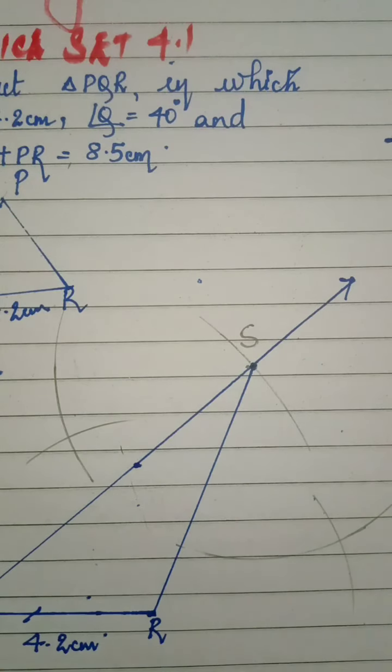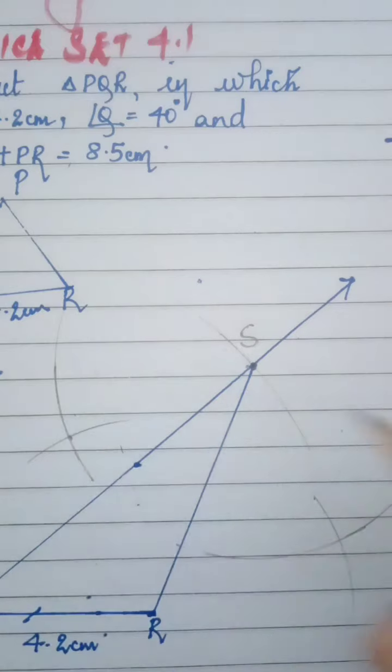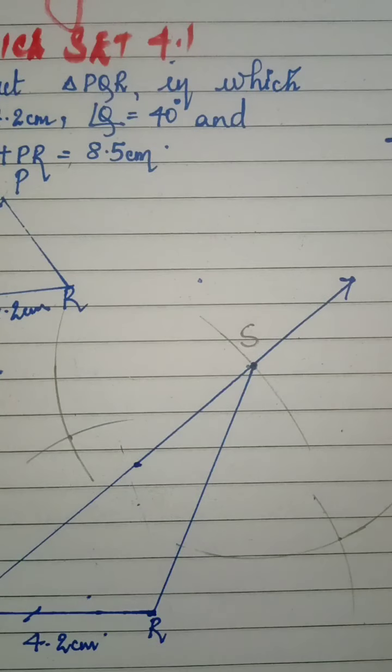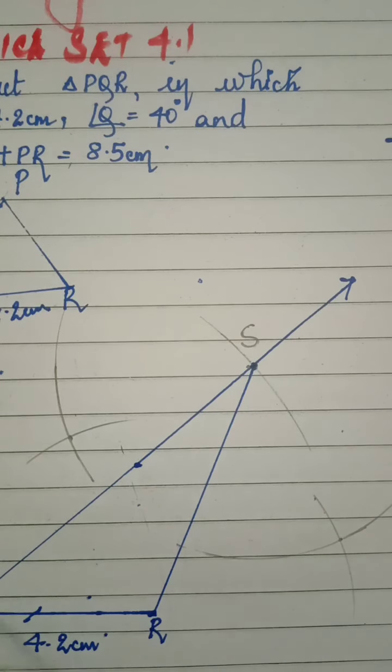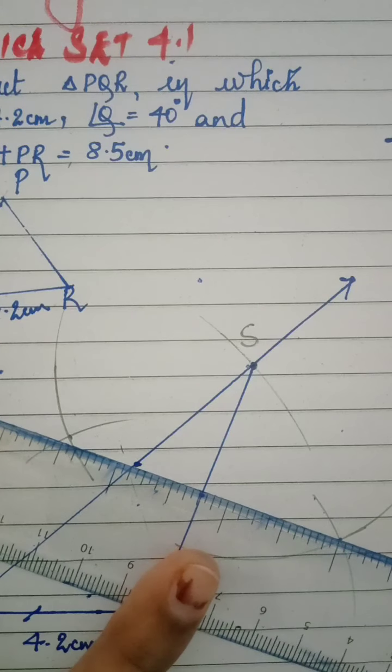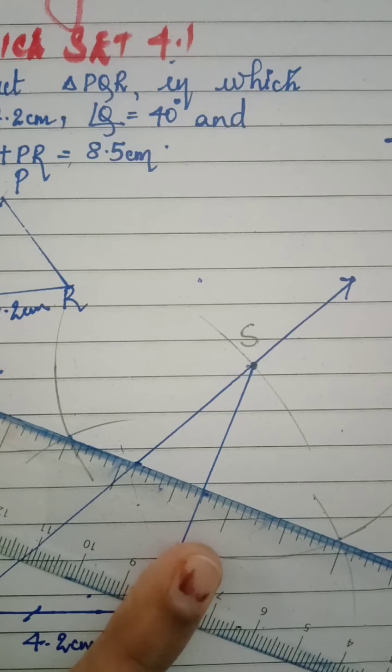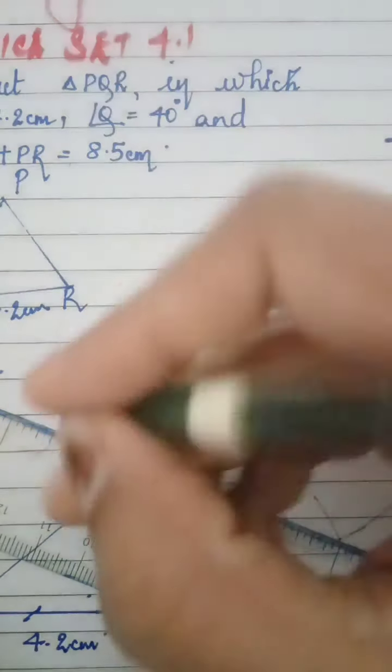Now you are getting 2 points. Highlight those 2 points. These are the 2 arc points that you got. Join them carefully using a scale.